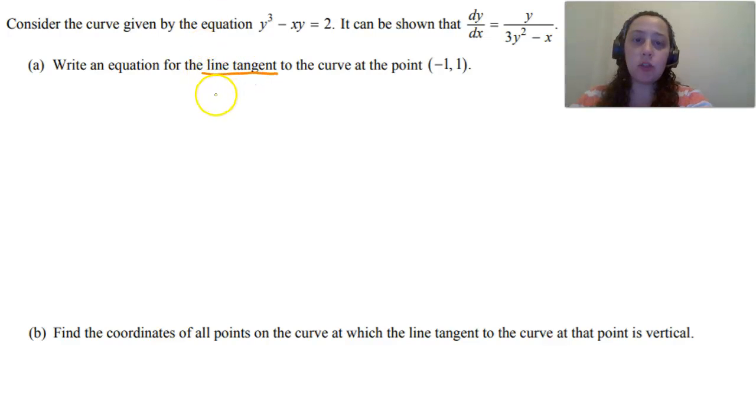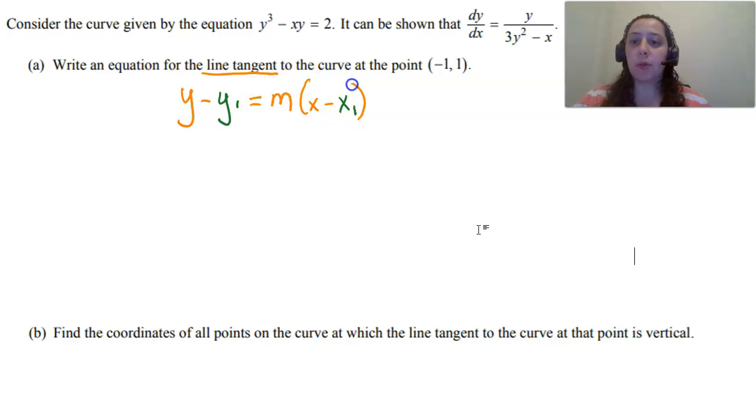So when I see tangent line, the first thing I should think is my equation y minus y1 equals m times x minus x1. So we have our y1 and our x1 from this point. The first one is x, the second one is y.